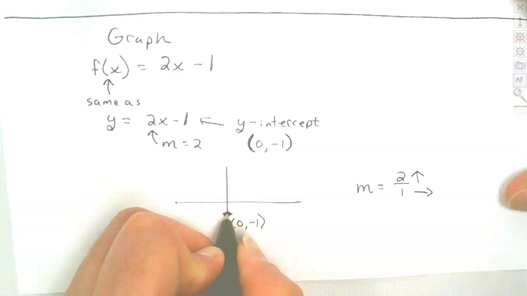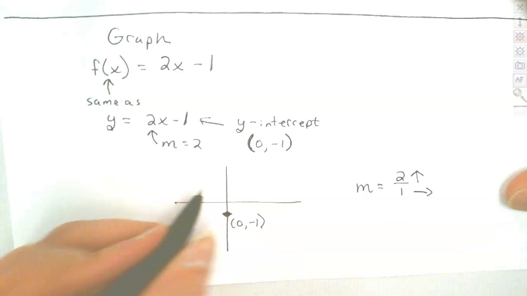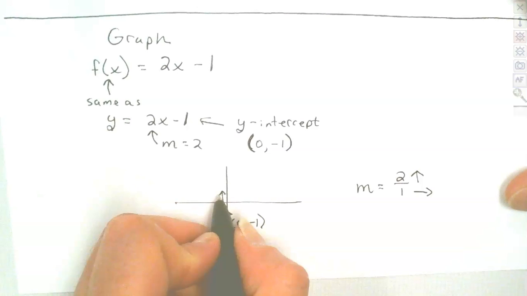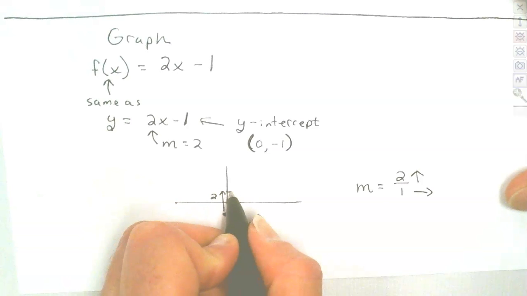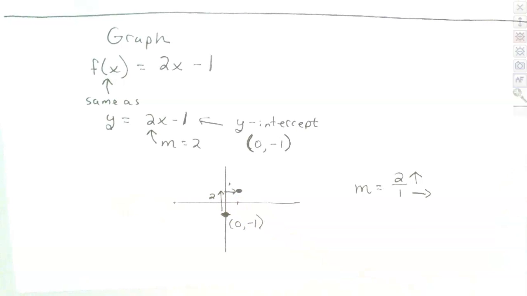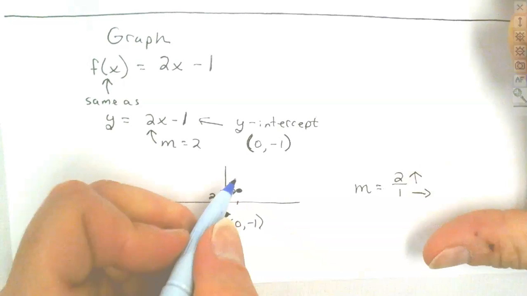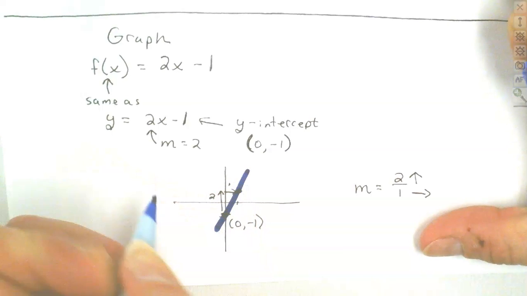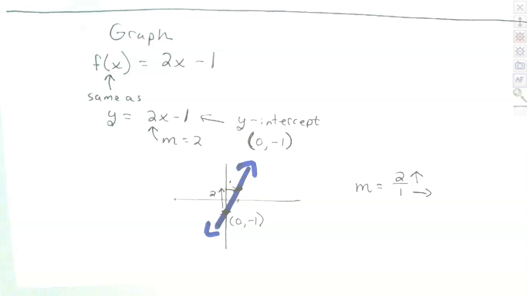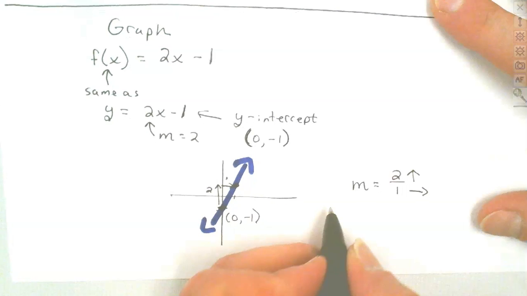So we're going to start here at that (0, -1). We're going to go up 2 units, and then we'll go over 1 unit. Make our new dot and connect it together. And we also need to find our domain and range.